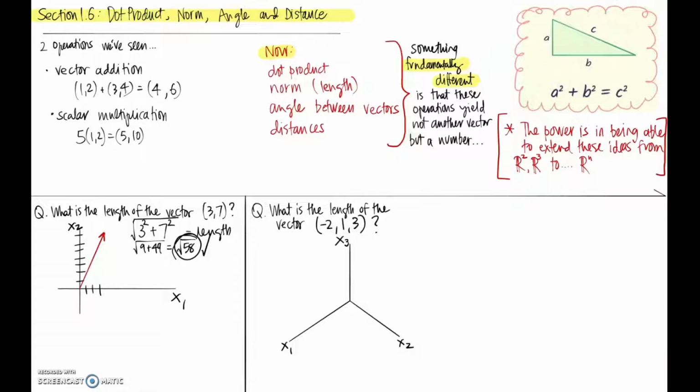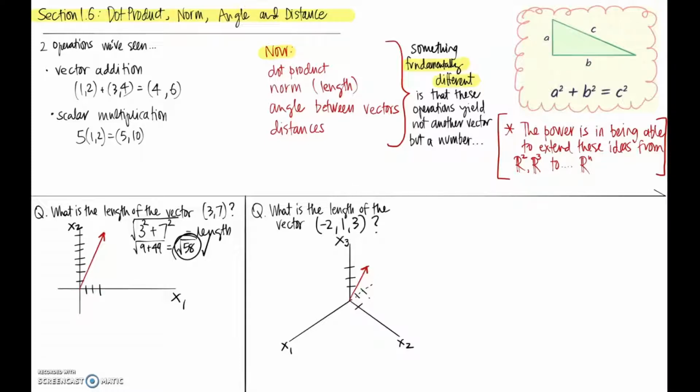That'll be -2 on the x1 axis, 1 on the x2 axis, which will get us about right here. And then we want to go up 3 on the x3 axis. So this vector, we can still sort of visualize, will look something like this, and we want to find the length of this vector.